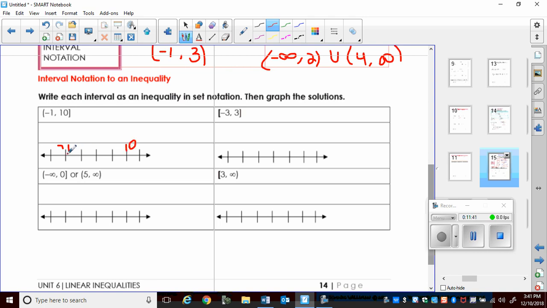All right, but from -1 to 10, and it's an open circle at -1 because of the parentheses. It's a closed circle at 10 because of the hard bracket, and I just joined the lines together. If I were going to do set notation, I would have -1 less than x less than or equal to 10. So a couple of different things going on.